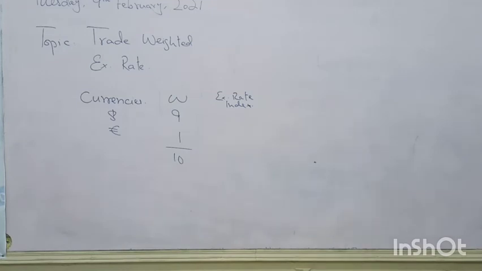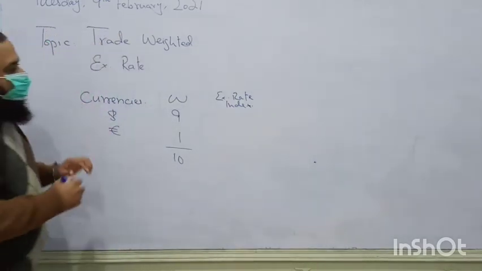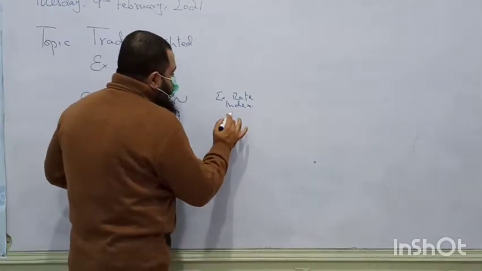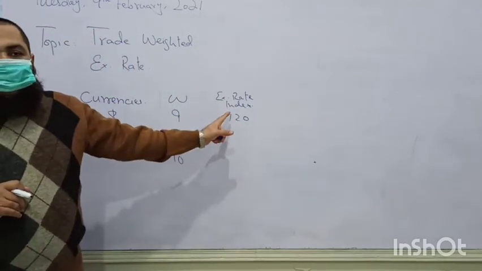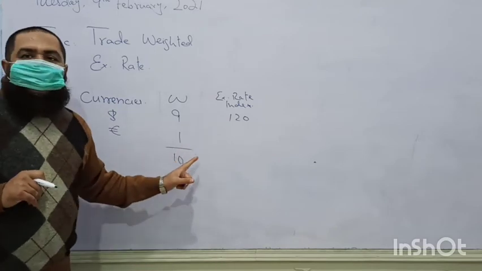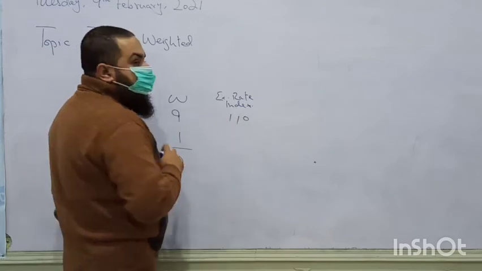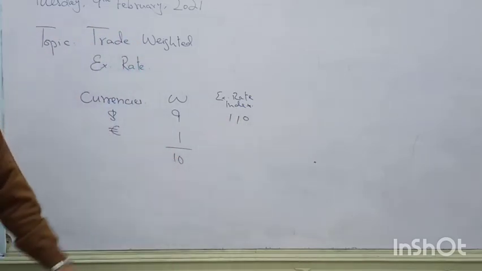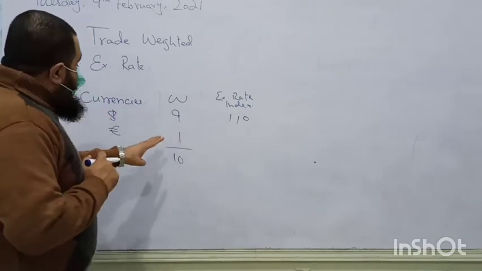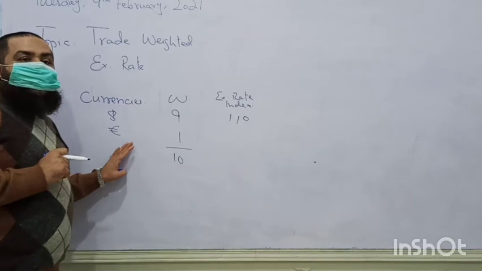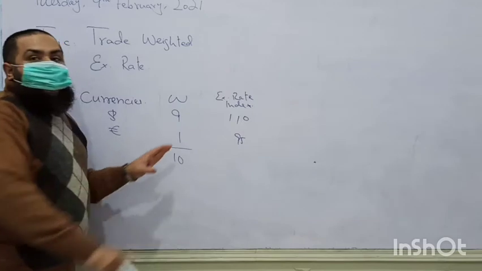So if our currency appreciates by 20% against the dollar, it is 120. Say our currency is appreciating 10% against the dollar, while 5% it is depreciating against the euro. So I can write 95 because its value goes below 100.